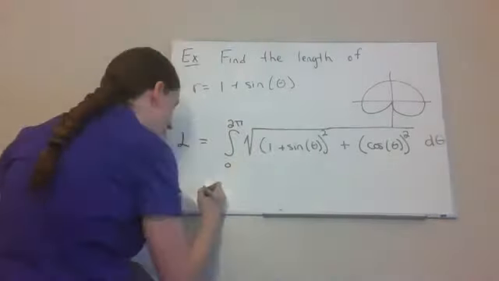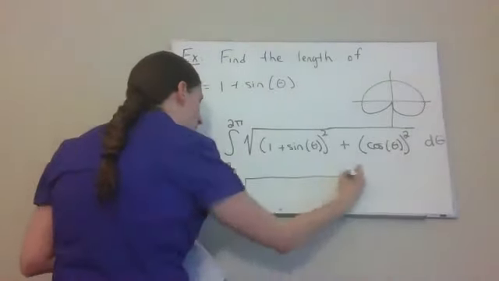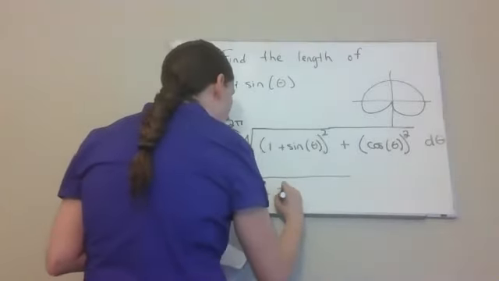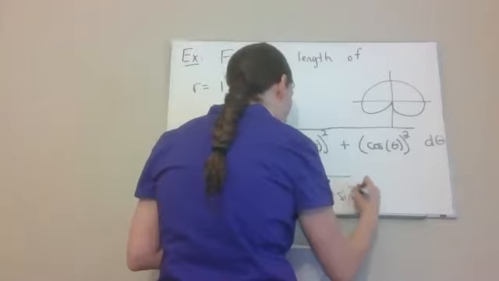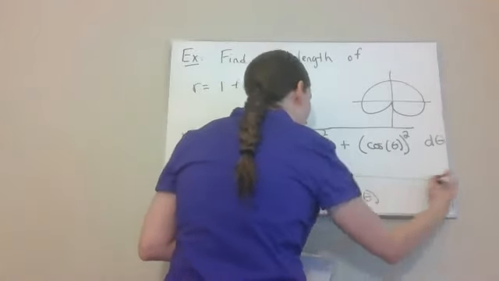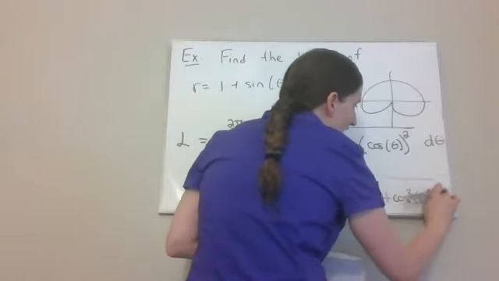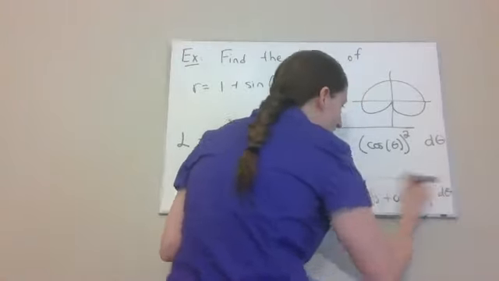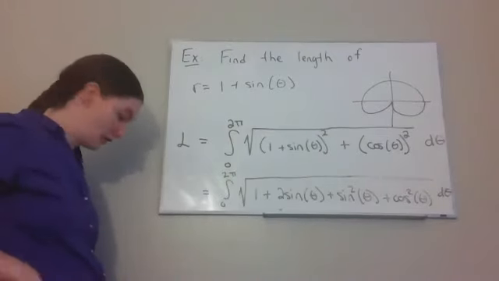If I distribute everything underneath the square root, I'm going to get a 1 plus 2 sine of theta plus a sine squared of theta. And then I still have this cosine squared of theta, and we're integrating with respect to theta. So we know that sine squared plus cosine squared is equal to 1.